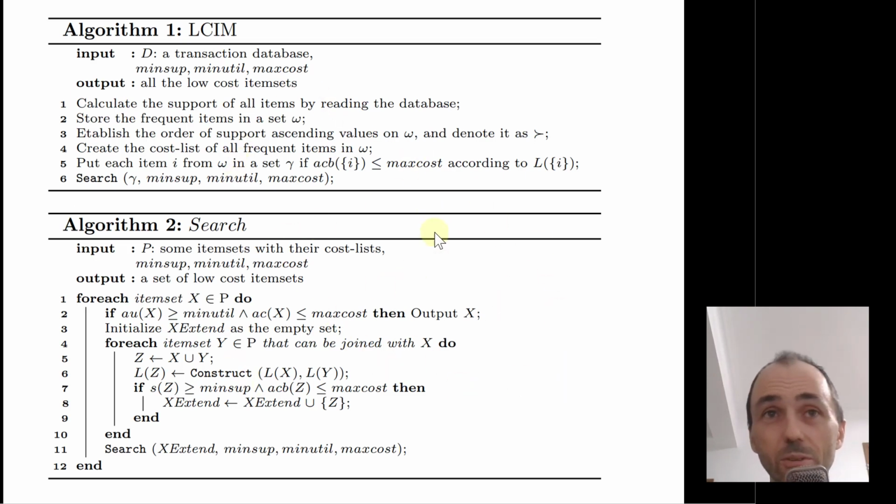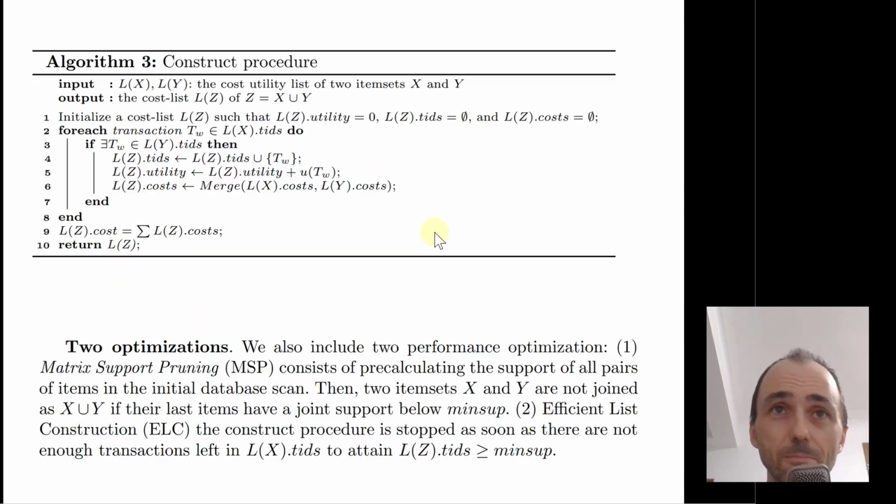Okay, I will skip the details. And also in the algorithm, we have 2 optimizations we use to improve the performance, using some matrix and other methods to speed up the construction of the table, the cost list.